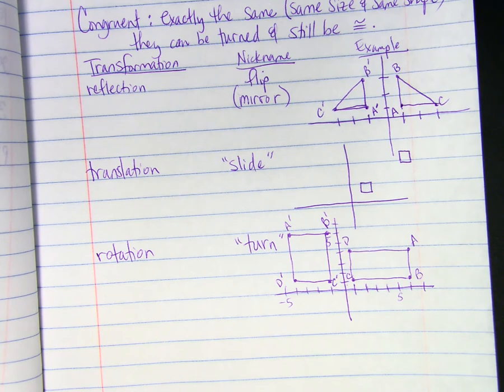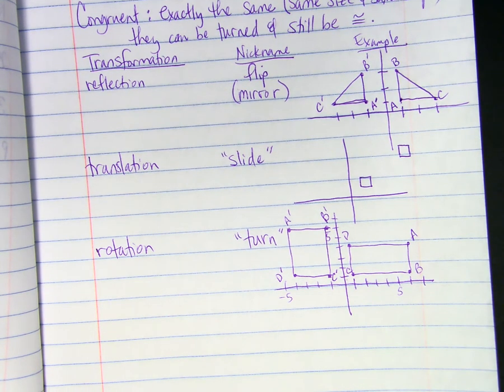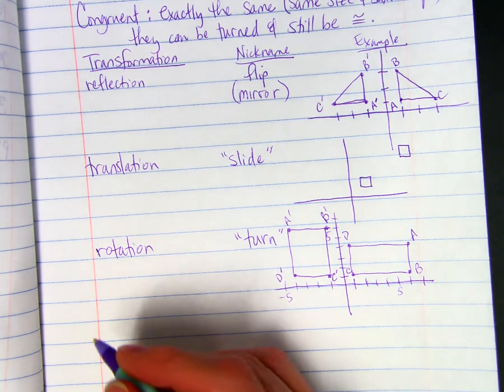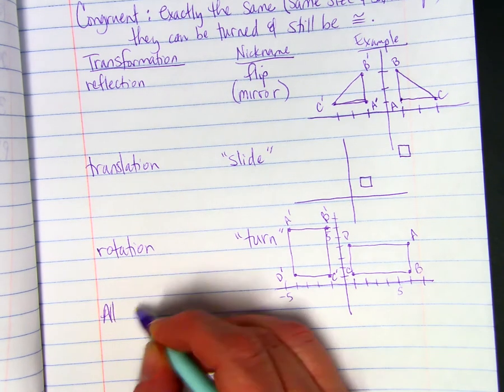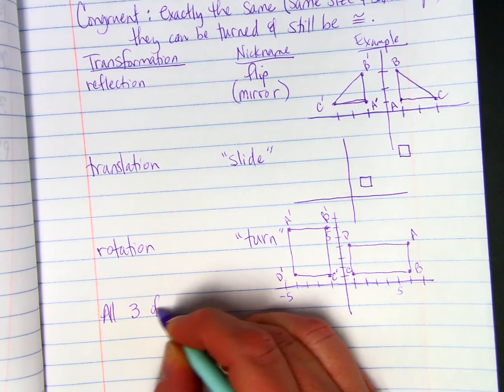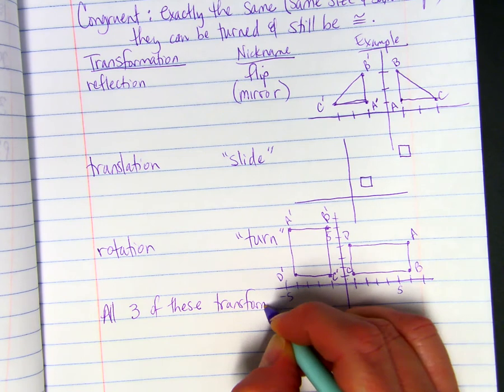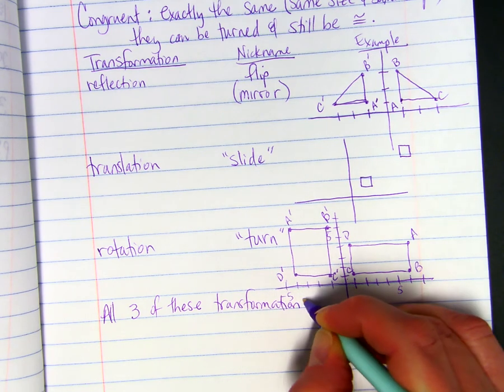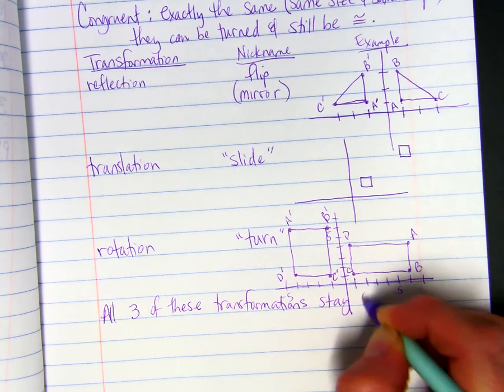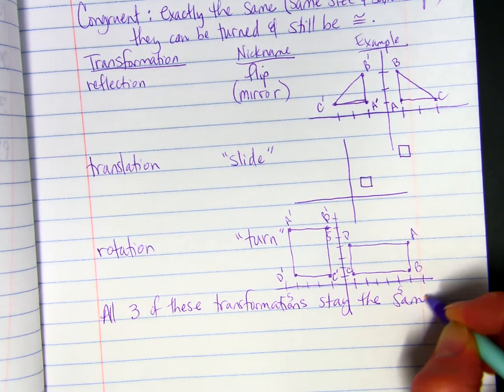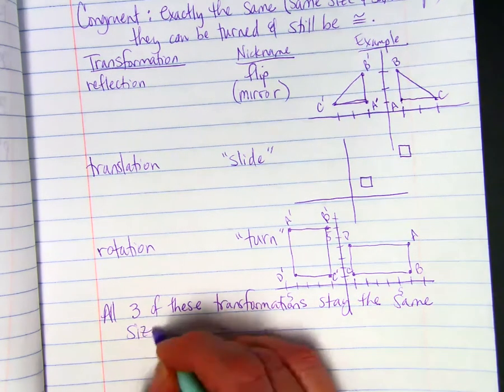All of these transformations stay the same size and shape. It's called rigidity. They are isometries. All 3 of these transformations stay the same size and shape.